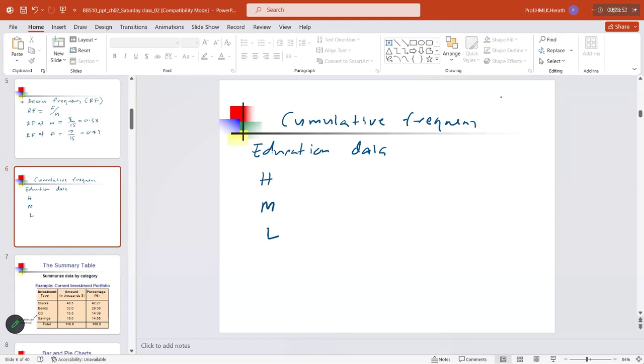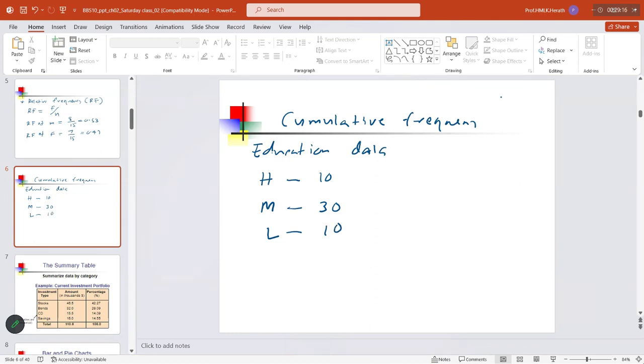The frequencies are 10 for high, 30 for medium, and 10 for low education.